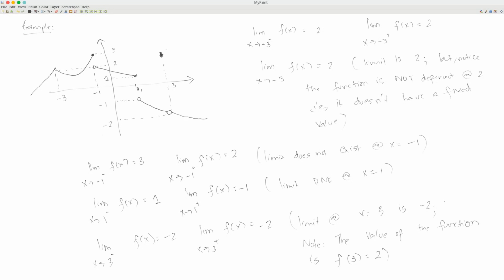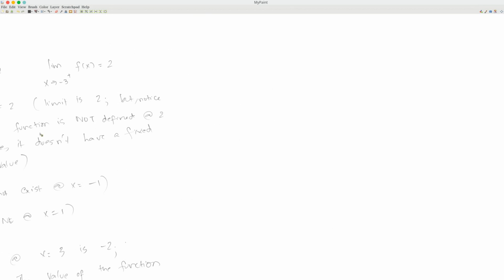You look at that closed dot right over there, that is the value of the function at x is equal to 3. So keep in mind the limit of the function needn't be the same as the value of the function. A limit might exist, but the function value may not exist. So we've demonstrated both cases in this example.